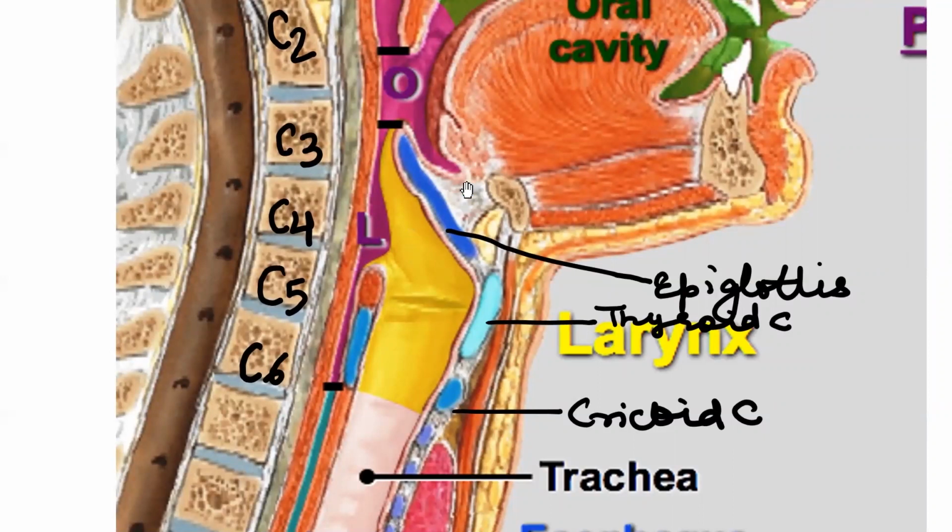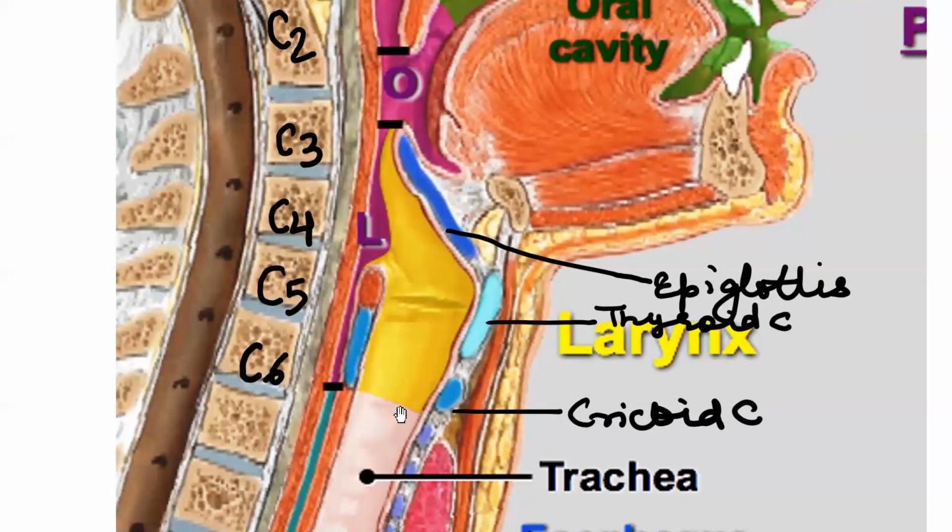The larynx extends from the root of the tongue till the beginning of the trachea, or till the lower border of the cricoid cartilage. In terms of vertebral levels, it extends from the third cervical to the sixth cervical vertebra. So the extent of the larynx is from the root of the tongue till the beginning of the trachea.